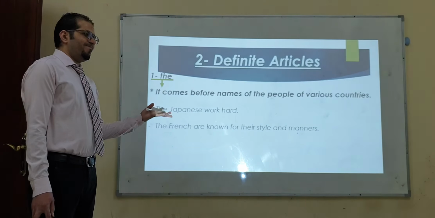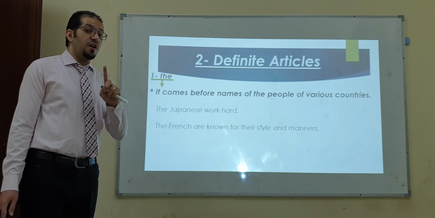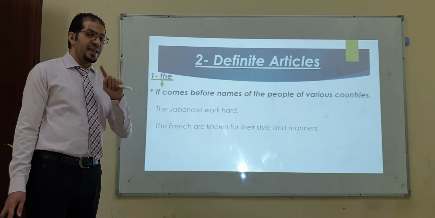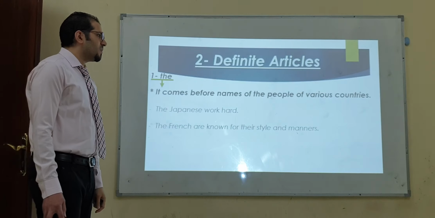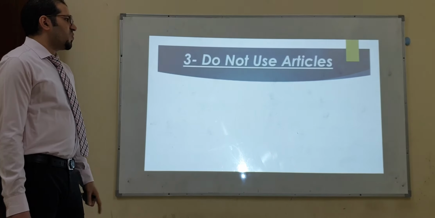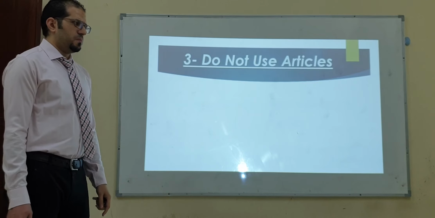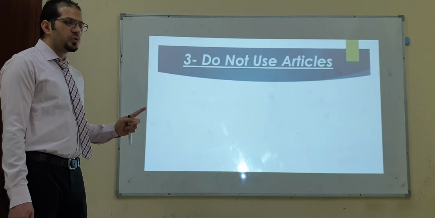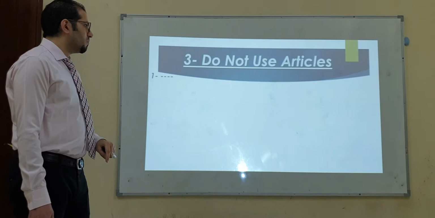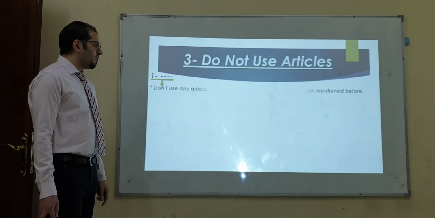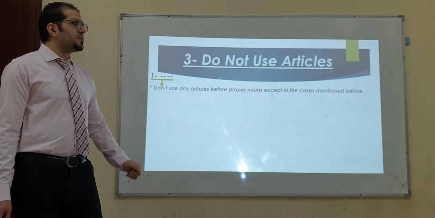Now we have finished the usage of a, an, and the. Sometimes we do not use any articles, and we are not going to use a, an, or the. First, don't use any articles before proper nouns.